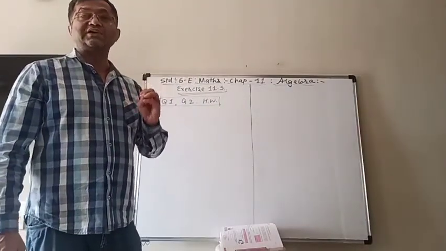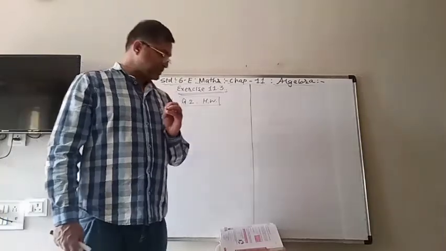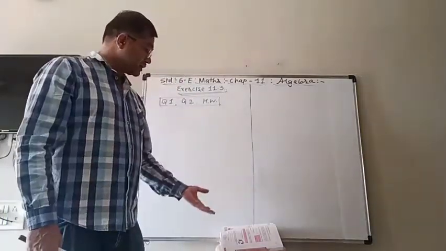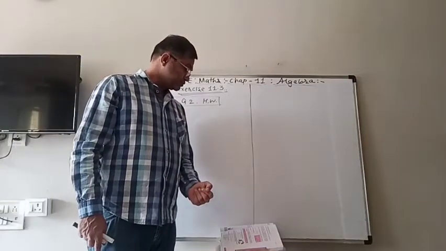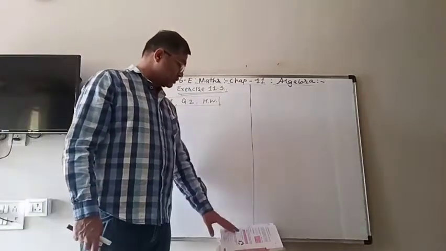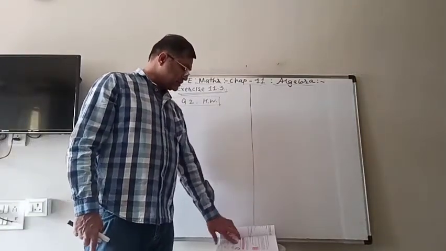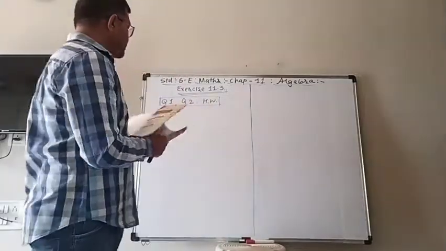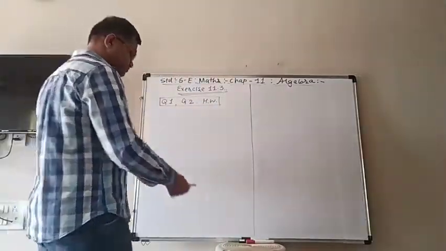You have to make as many expressions as you can. They give 3 examples also. You can make them as shown, and the second question is also very simple. So let us start with the third question.